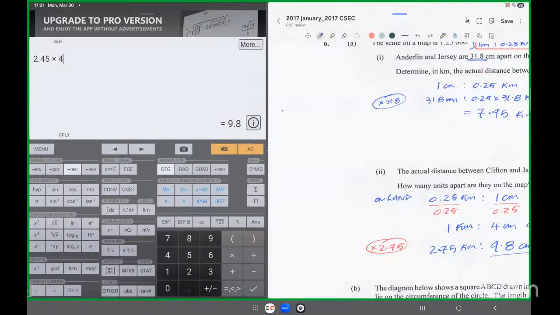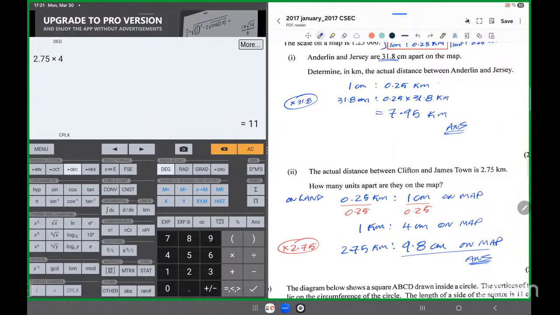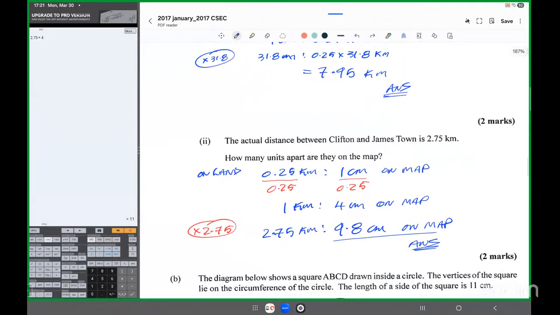It should be 2.75, not 2.45. So the answer is actually 11. My mistake, I have to multiply by 2.75. That's a typo. So it's actually 11 centimeters. I'm supposed to multiply this by 2.75 to get the 11. All right. That's it. Thanks for picking that up.